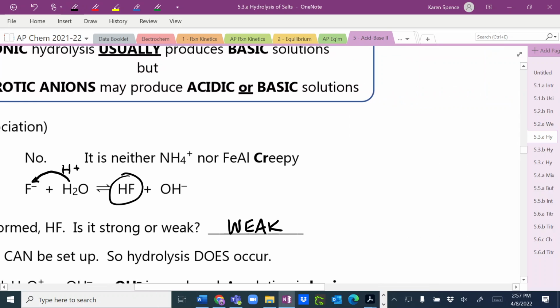And I don't think you need to have this memorized for the AP exam, but just in case, do you remember the strong acid mnemonic? So I brought no clean clothes. And none of those has an F in it. So you know that hydrofluoric acid is a weak acid.